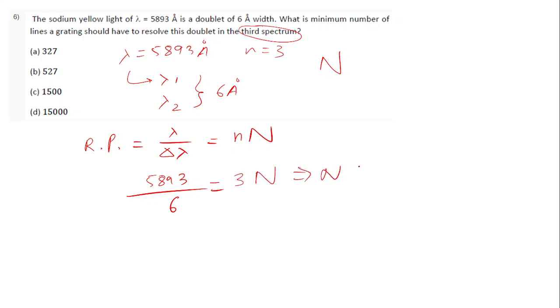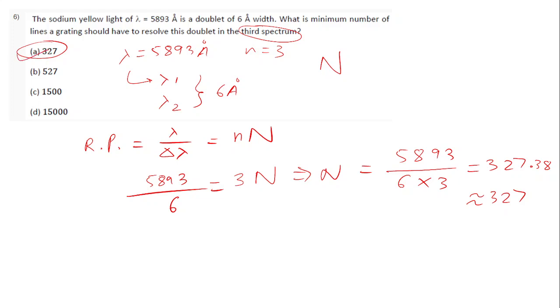So N, when we calculate, we will get 5893 divided by 6 times 3. 5893 divided by 18. This is 327.388. If we round it off, it will be 327 lines we should have at least, so that these two wavelengths will be resolved in third order.